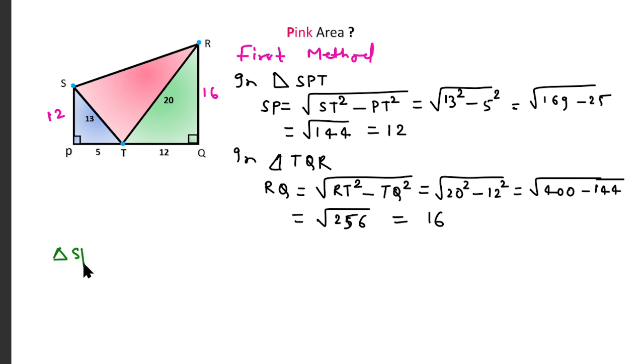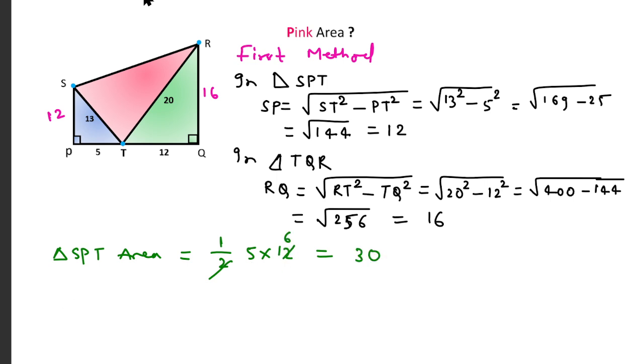Triangle SPT area will be equal to 1 by 2 base into height. So base is PT and height is SP, 12. So 5 into 12 divided by 2, that means 30.